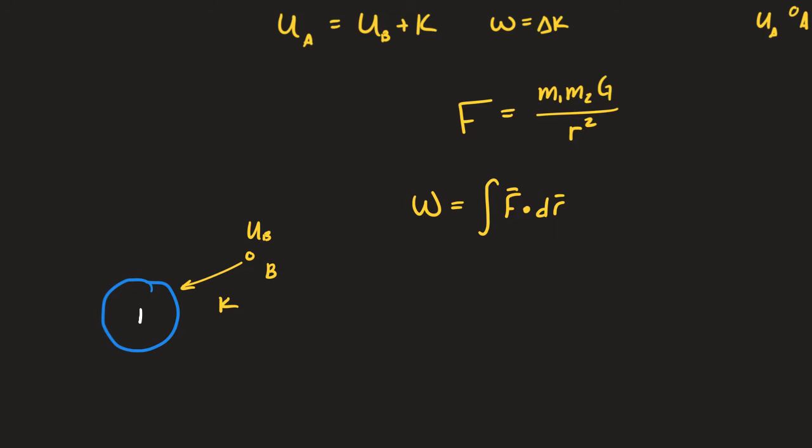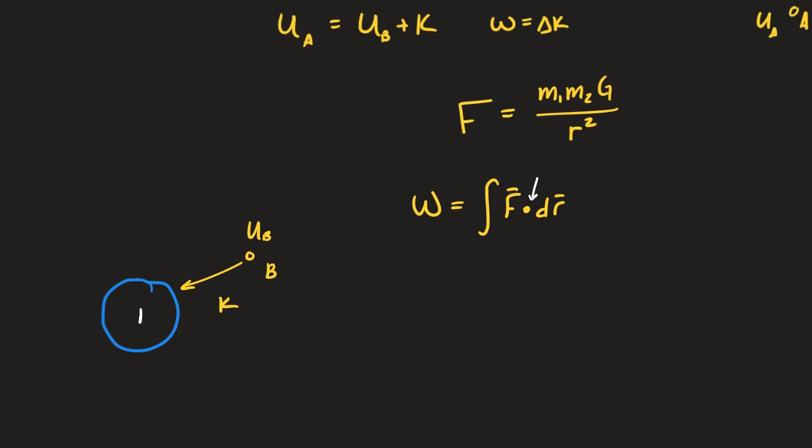The way I talked about this in third period is a reminder that this dot product is about looking at the relationship between the direction of the force and the direction of r. r is drawn in this direction, but the force on the object is in that direction. That's clearly 180 degrees.